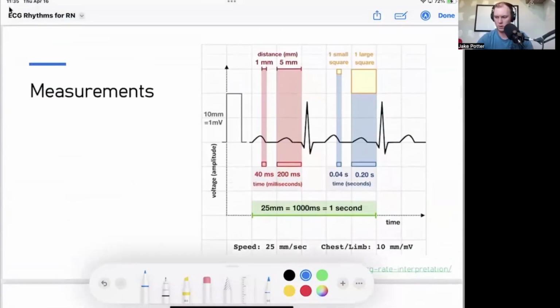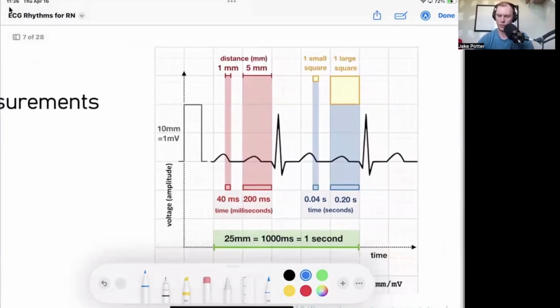All right, so when I said we're measuring the duration, this is what I mean. This is more important when you're looking at actual paper. It's harder to do on a screen, which is most of the time what the nurses are going to be looking at. The paper is needed to truly measure. So we think of time and distance between different structures.